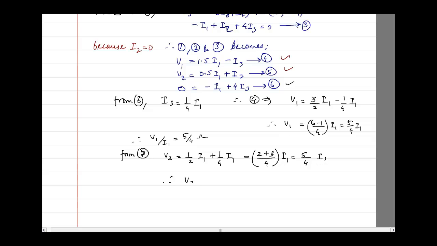Therefore, V2 by I1 is also going to be equal to 5 by 4 ohms. Again, voltage by current, so it is ohms. So that is how we will do it.